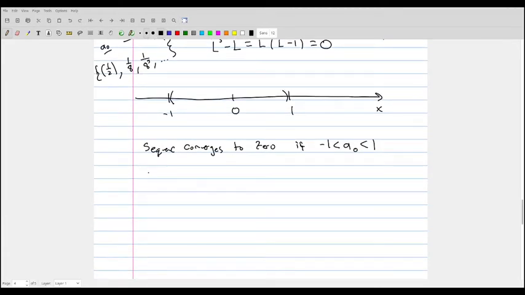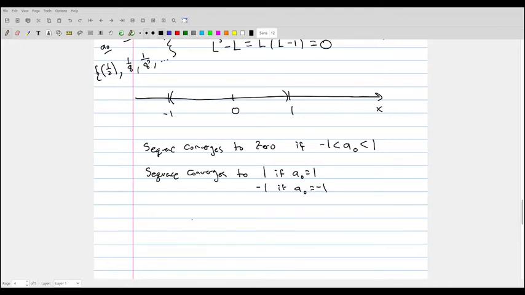But then at 1 and -1, it converges to each of those values. So it converges to 1 if the initial condition is equal to 1, and it also converges to -1 if the initial condition is equal to -1.